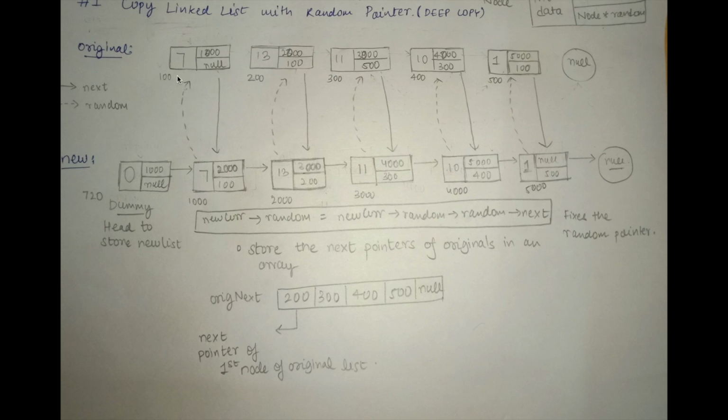So we reach here in the original list, and then we visit its next, which is 1000. 1000 is the corresponding node in the new list. So 13's random pointer is going to be 1000, instead of 200, it will be 1000.